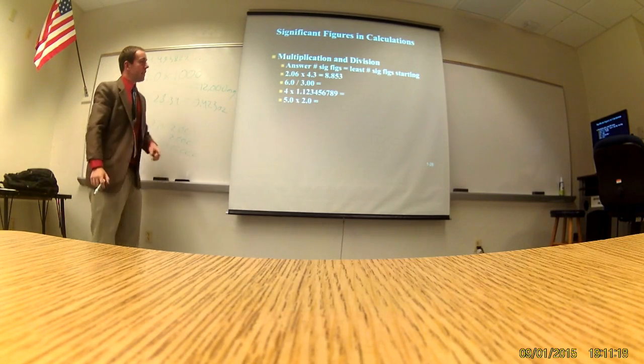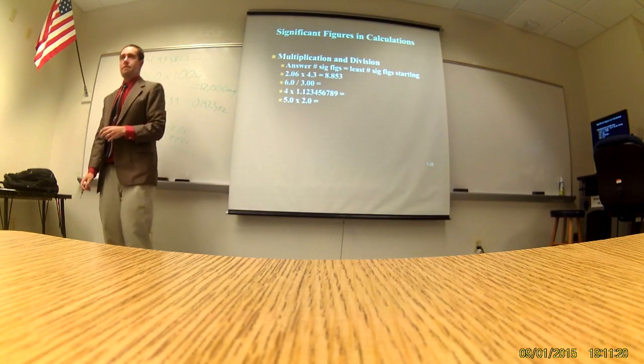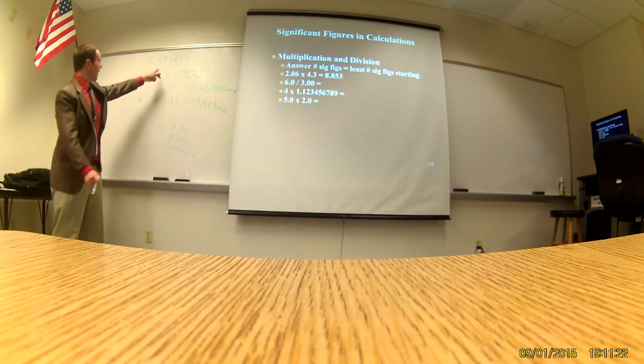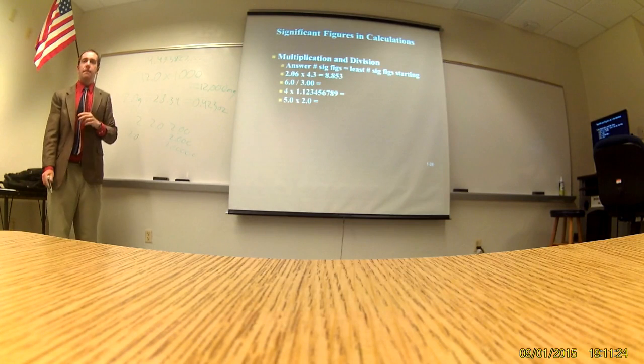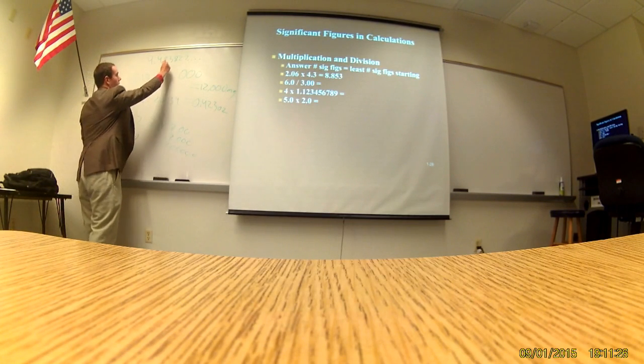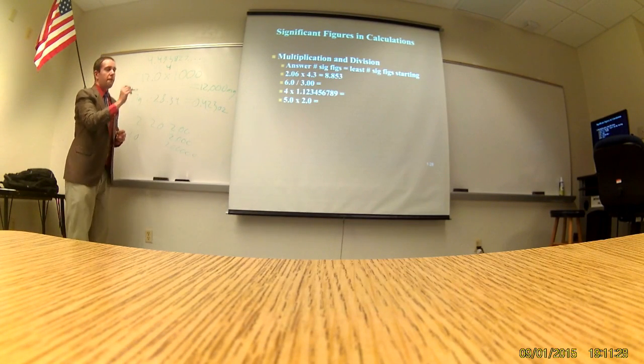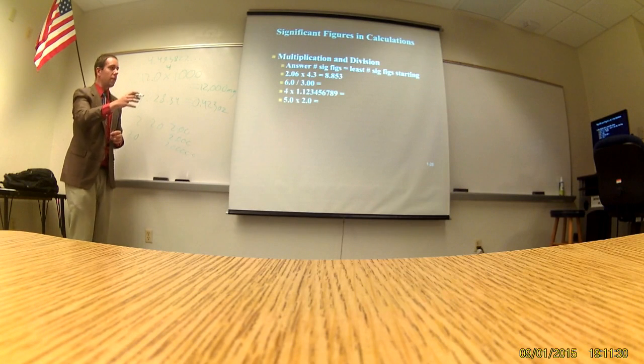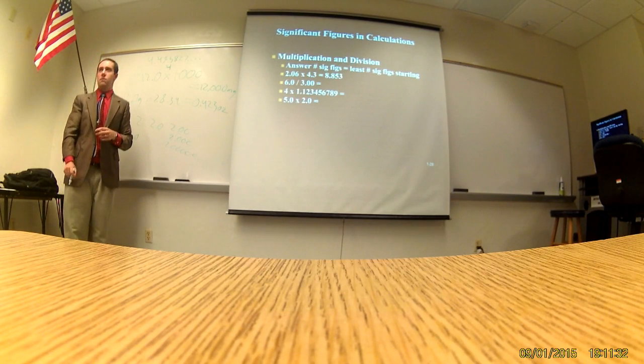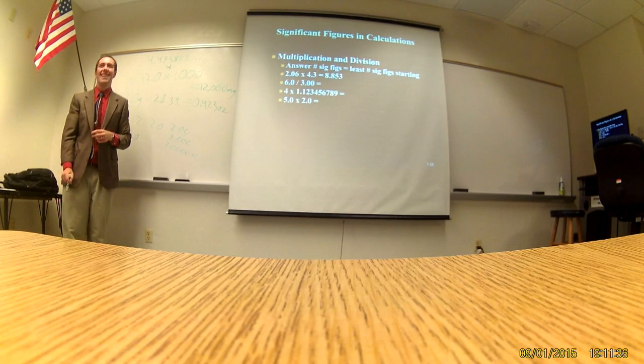How many sig figs does my answer have to be? 1. So how do I write that with 1 sig fig? 4. So 4 times 1.1234 equals 4. You did nothing.